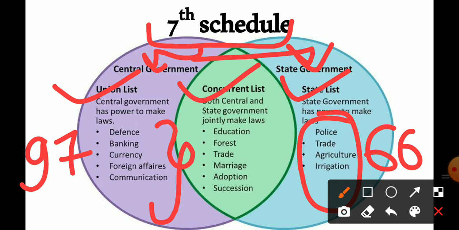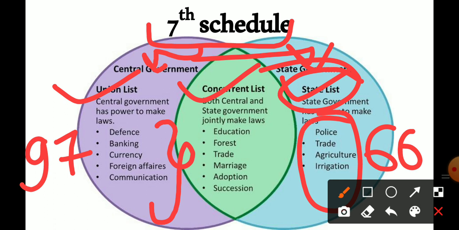But it doesn't mean that the union government can't make laws on these subjects. The union government can also make laws on these subjects, but basically the implementation part falls on the state. So this is a basic difference between the union list and the state list.